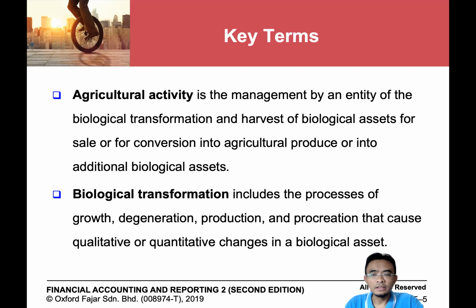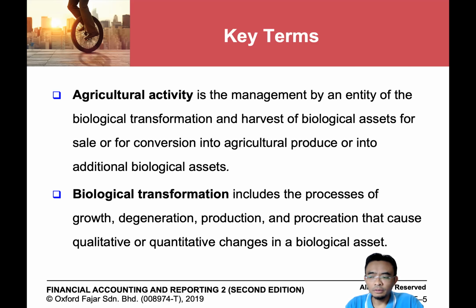These are among the key terms that you need to understand when learning the biological assets chapter. The first one is agricultural activity. What does it mean by agricultural activity? It is the management by an entity of the biological transformation and harvest of biological assets for sale or for conversion into agricultural produce or into additional biological assets.